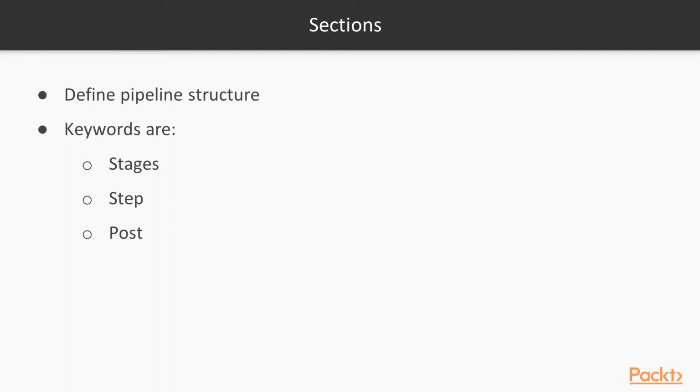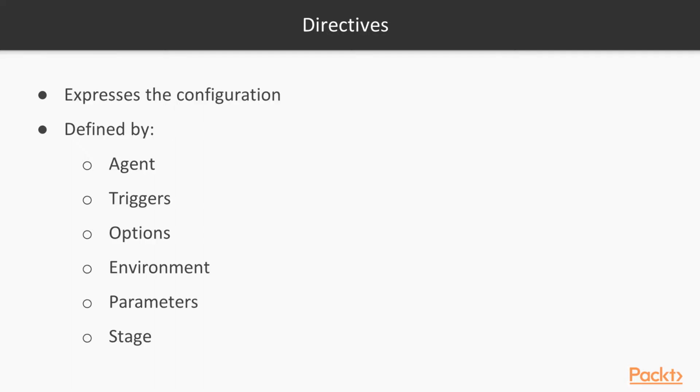Next is directive. The directives express the configuration of a pipeline or its parts. They are defined by agent, which specifies where the execution takes place. Triggers define automated ways to trigger the pipeline and can use cron to set the time-based scheduling. Options specify pipeline-specific options.